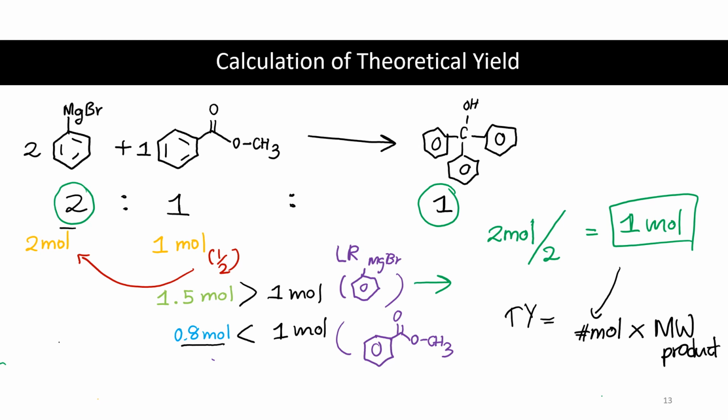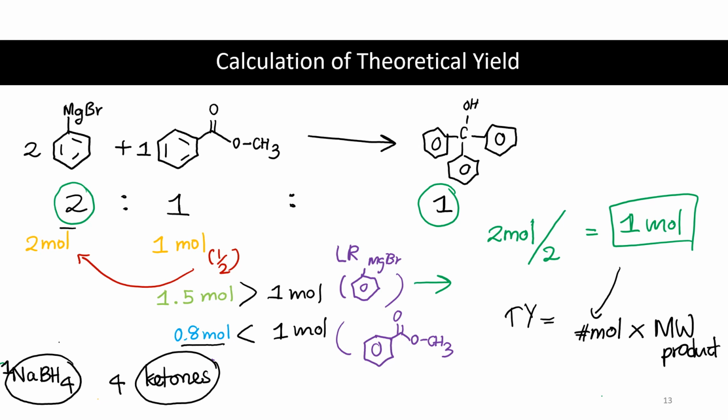Remember, in the ketone reduction experiment, one of these could react with 4 ketones. Because it has 4 hydrogens, right? All 4 of them can attack a ketone at a time, so 4 ketones can be reduced. So the molar ratio for that is 1-to-4.